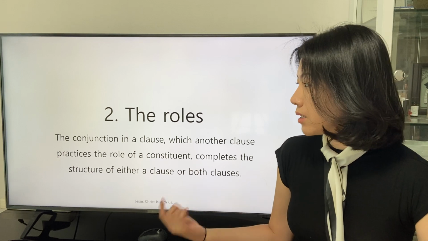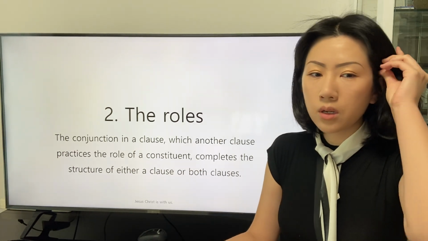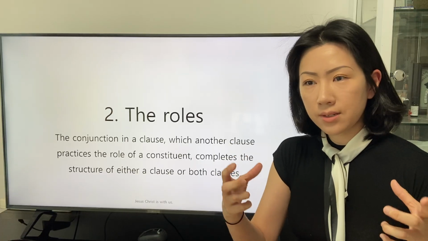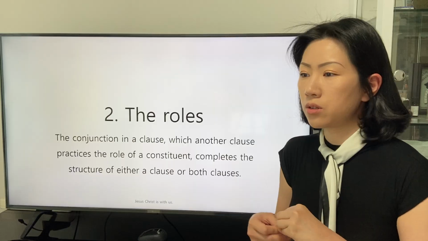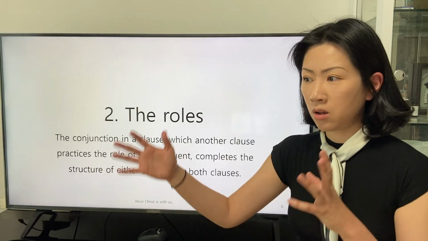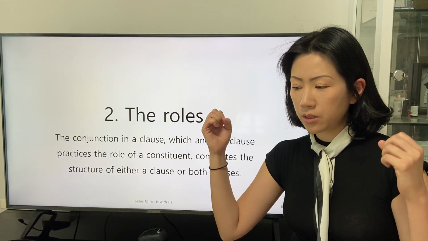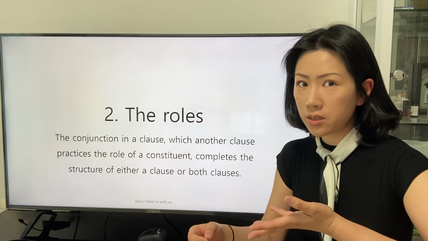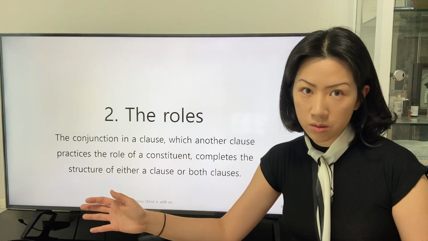This means that a conjunction can have a role as a subject, an object, or a complement in a subordinate clause, and the conjunction completes the structure of the subordinate clause.